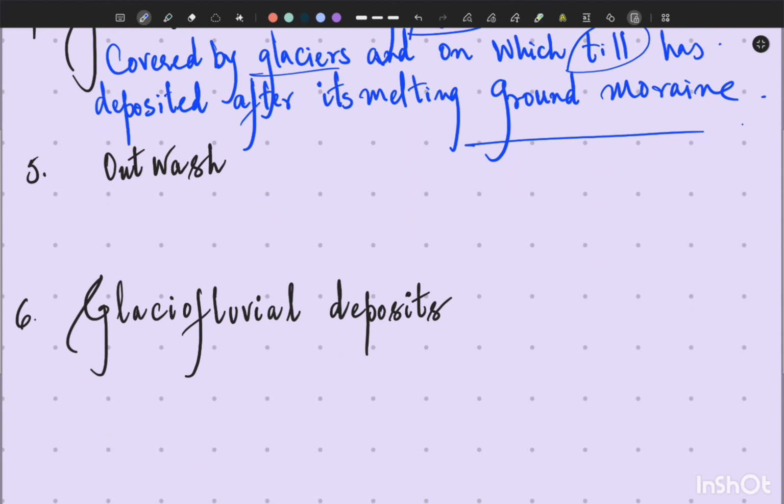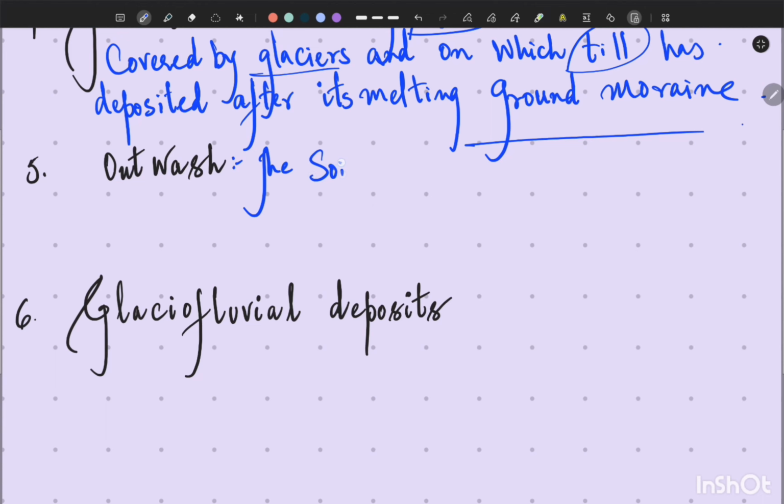All right, the next term that we have to define is outwash. The soil carried by the melting water of the glacier from its front is known as the outwash. So it's also a type of soil.